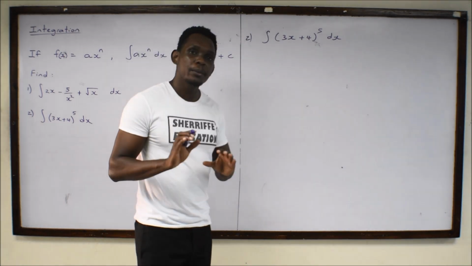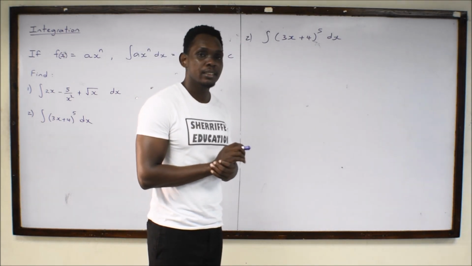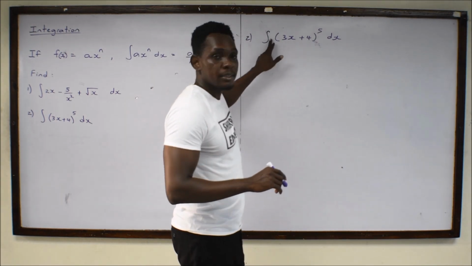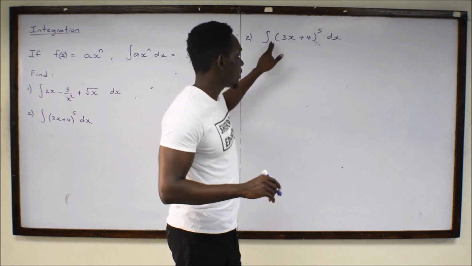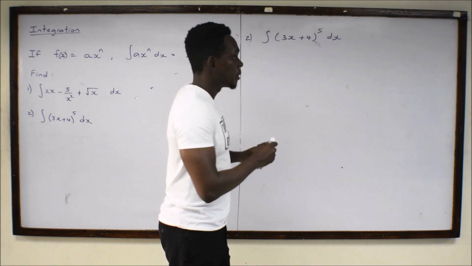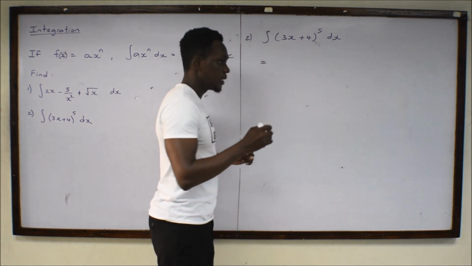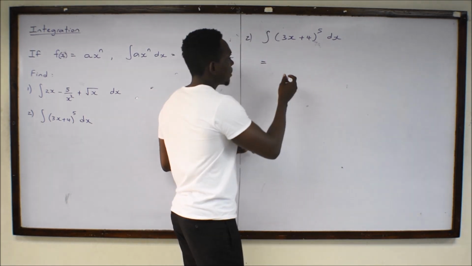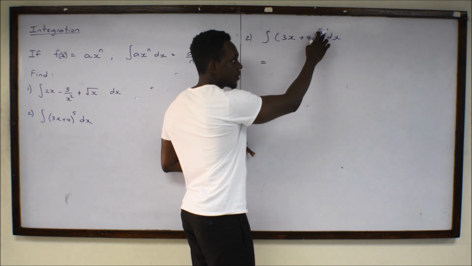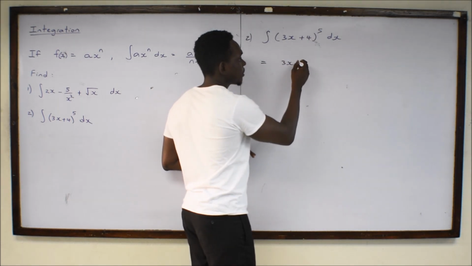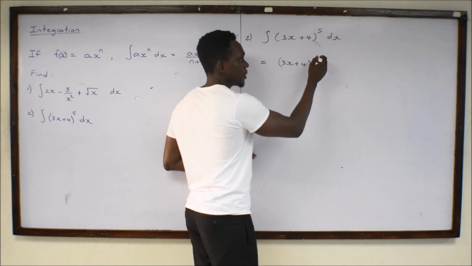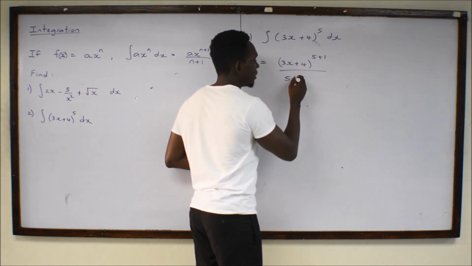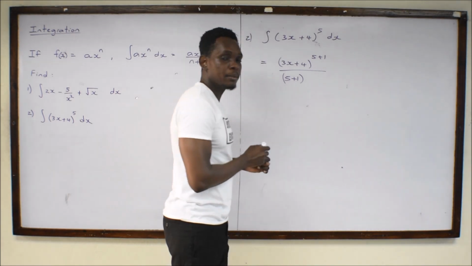If we were to differentiate, we would bring down this power, so we multiply by this and subtract 1 from the power. In keeping with what we were doing a while ago, we need to add 1 to this power of 3x plus 4, so 5 plus 1, and divide by that same power.